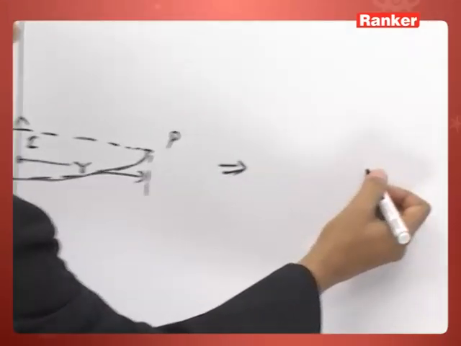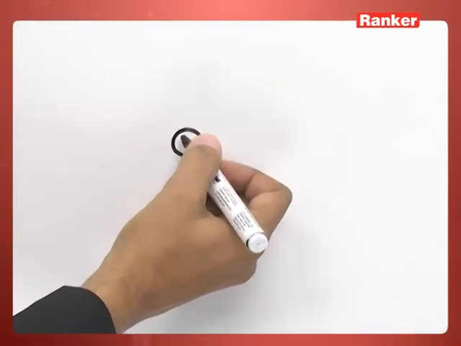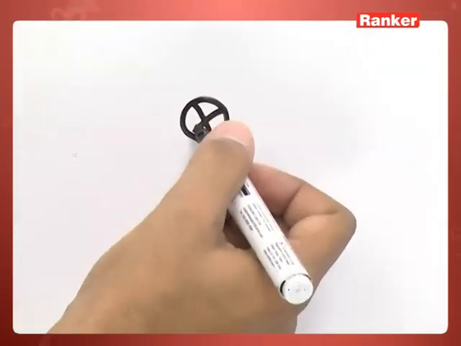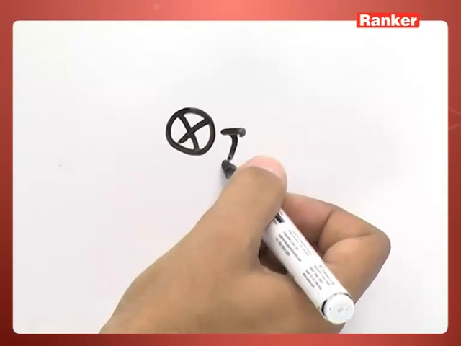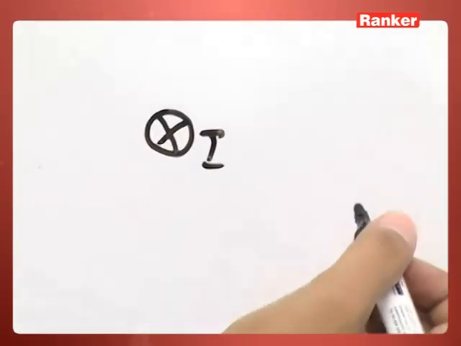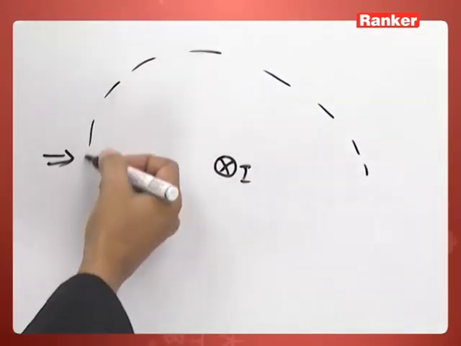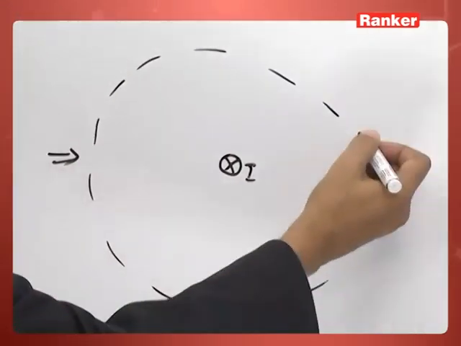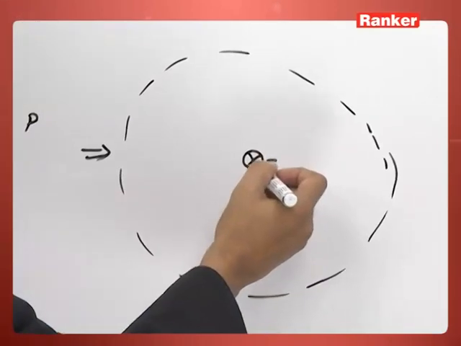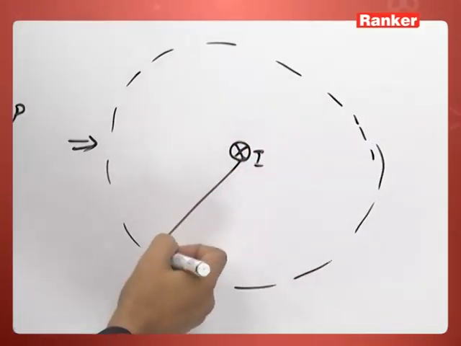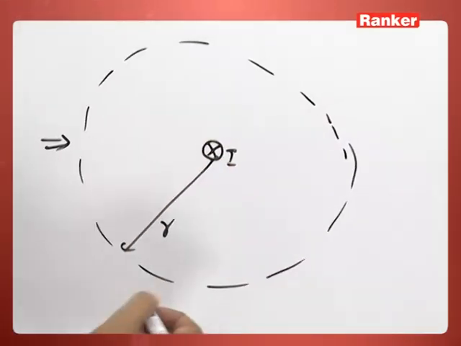The current in the conductor is inward, let the current be I, and point P is somewhere here. So this is the Amperian loop, a circular Amperian loop, and this loop has radius r.